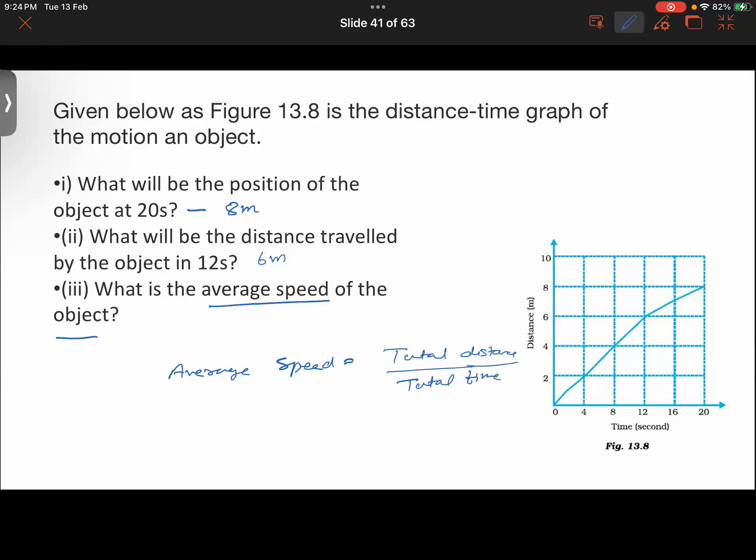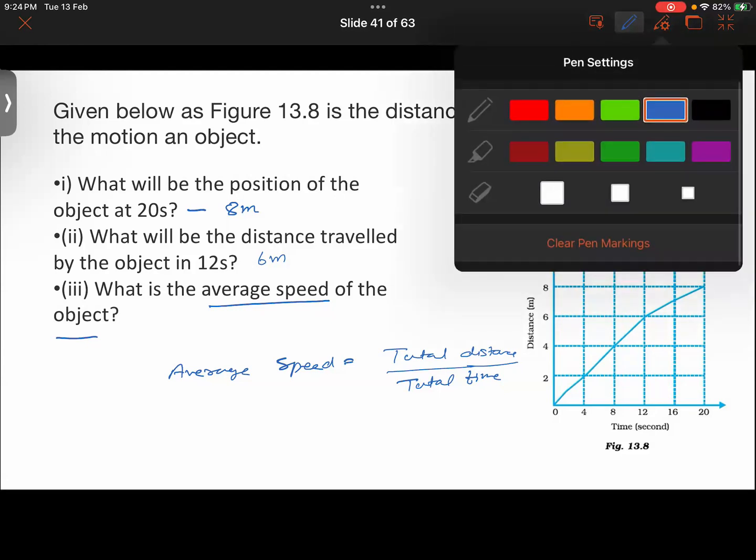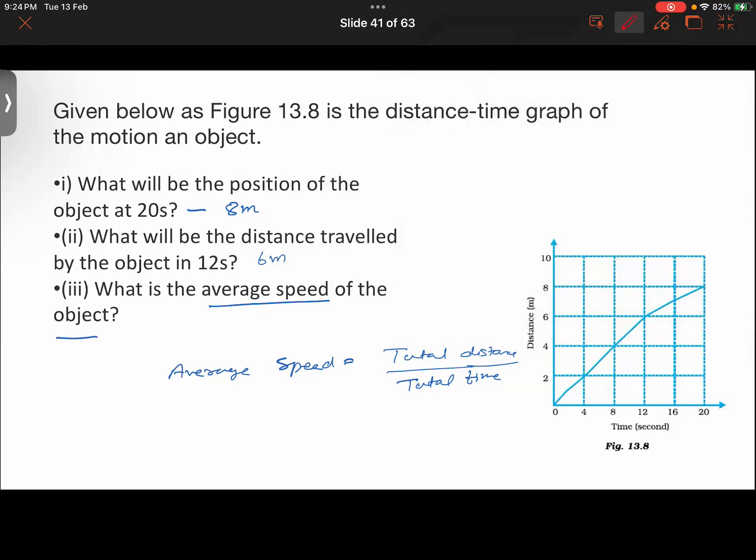The correct answer. Yes? I got the answer. What value are you getting? So 0.5. Repeat that again, please. 0.5. Okay, 0.5 meter per second.